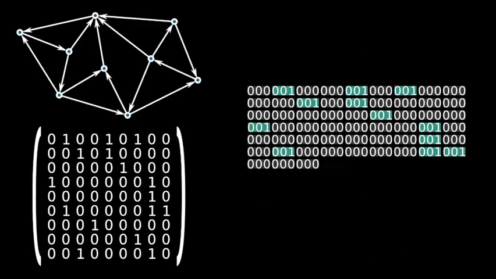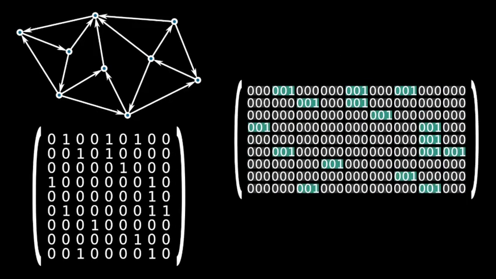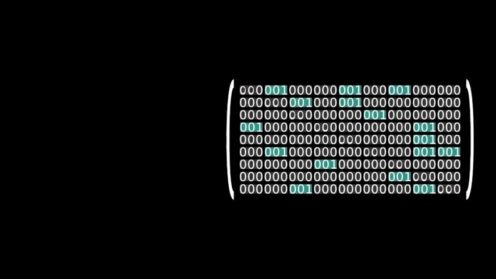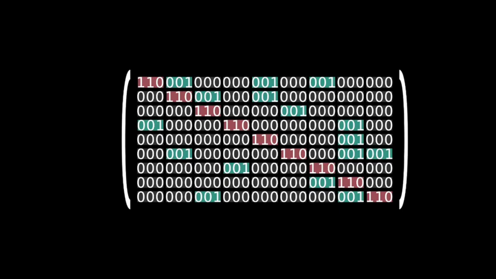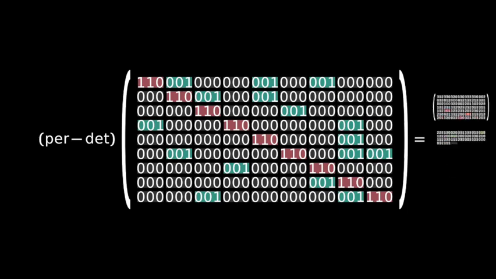Let's take 10 steps back and try to get some kind of overview of the entire algorithm. Begin with the graph's adjacency matrix and translate that into the finite field. Then put a field element in the diagonal and compute the permanent minus determinant of the resulting matrix. This computation happens in a different algebraic structure, the ring, allowing us to mimic Valiant's algorithm.